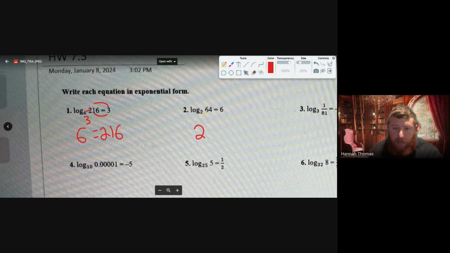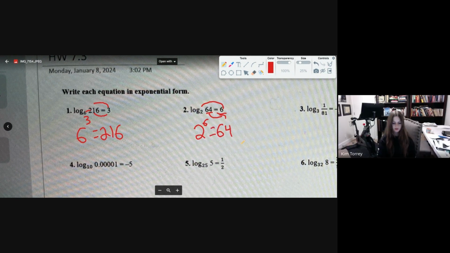So the little 2 became a big 2, and the number on the other side becomes the exponent to that, and then this number gets moved to the other side. So this is 2 raised to the 6th power equals 64. I'm trying to do it without looking at my previous problem to see if I remembered it. We're just going to memorize this.